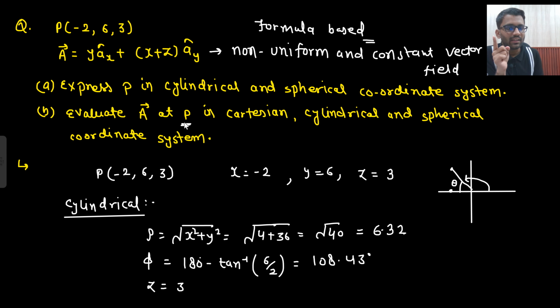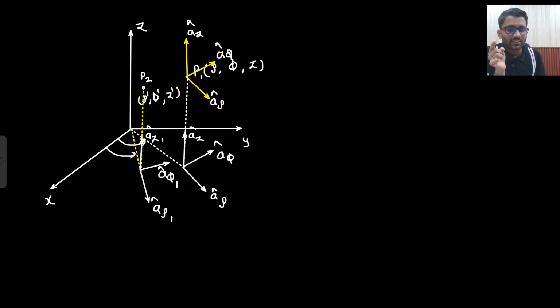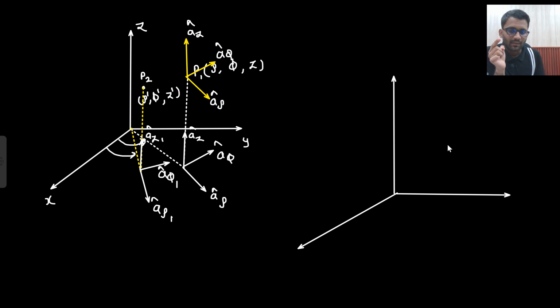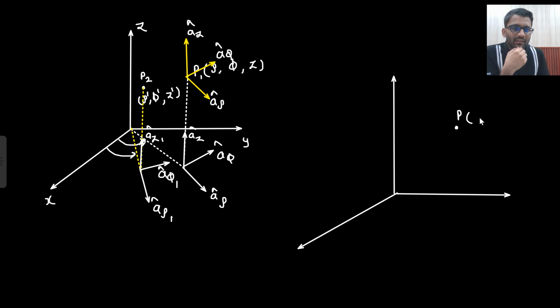So this is what this point is saying. At this particular point, you plot this point in your xyz coordinate system, that is 6.23, 108.43 degrees and 3.